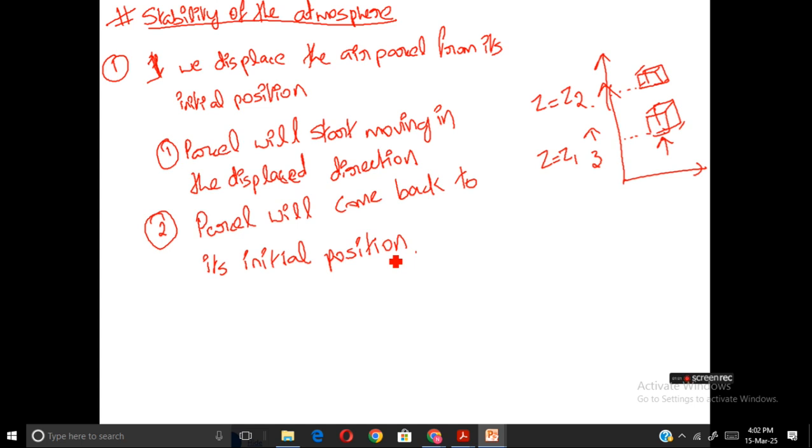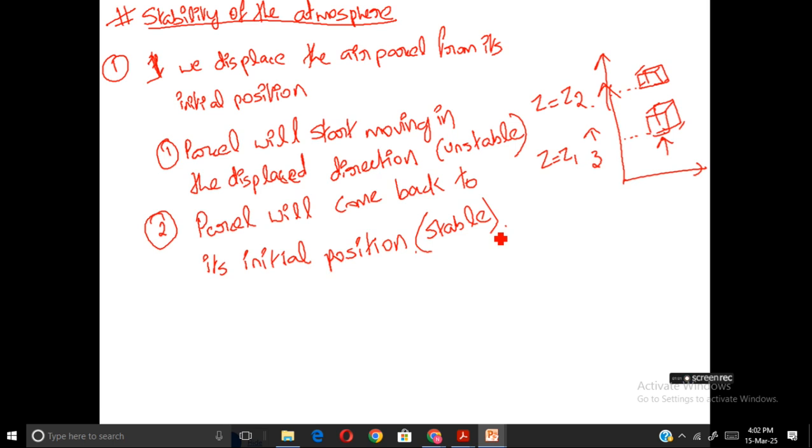The second possibility is that the parcel comes back to its initial position. In the first case, when the parcel continues to move in the displaced direction, we say that the atmosphere is unstable. In the second case, if it comes back to the original position, we say that the parcel is stable. The first one is unstable equilibrium, and the second one is stable equilibrium.